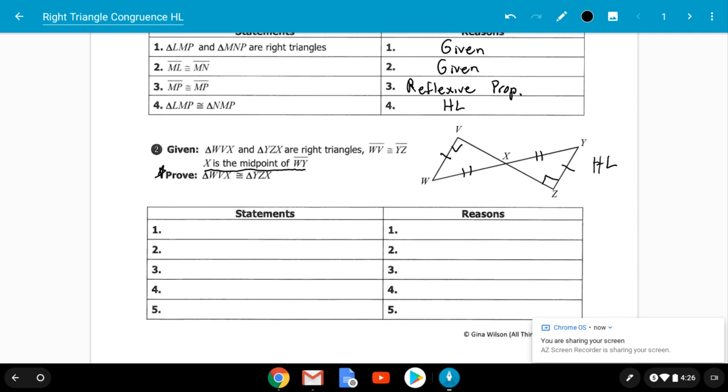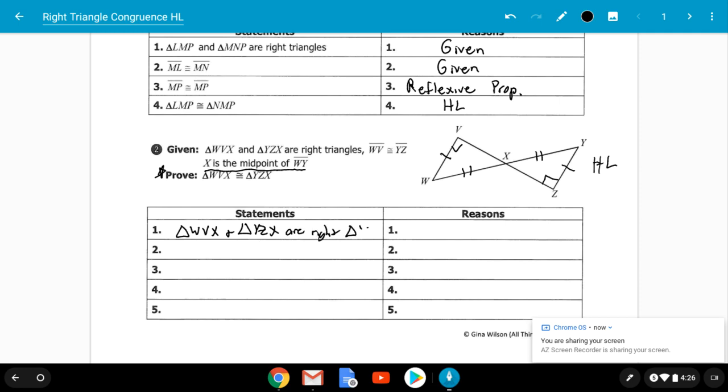So they probably want 3 here. The first one they said was triangle WVX and triangle YZX are right triangles.